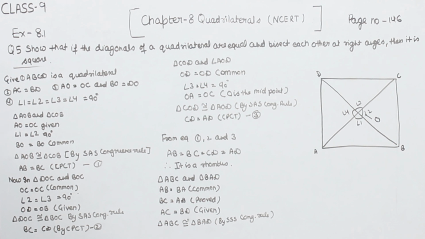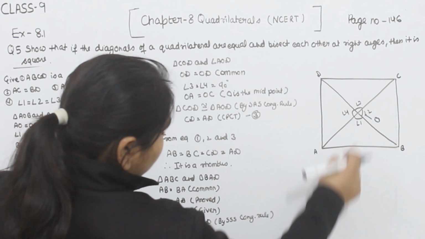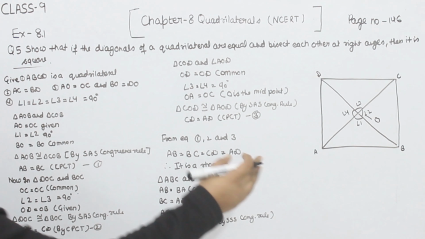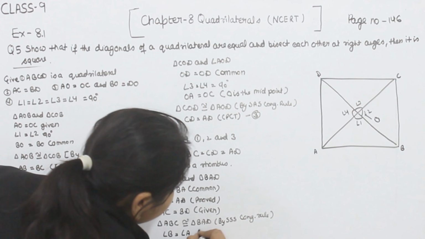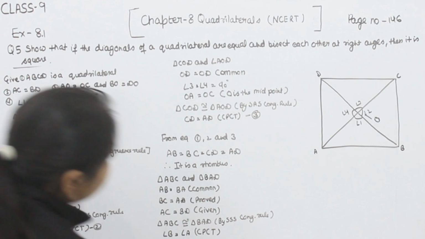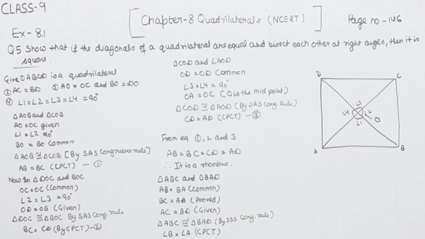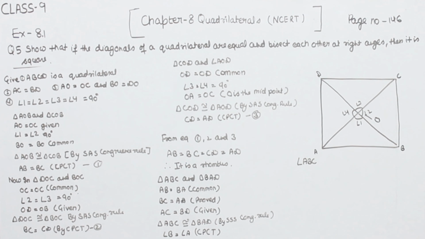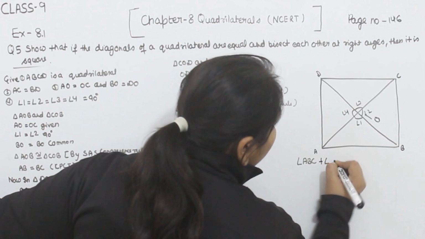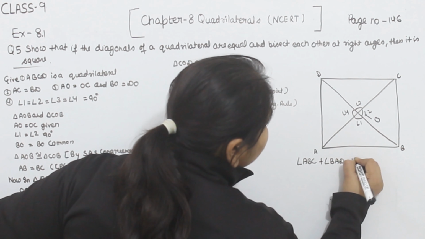Now if these two triangles are congruent, then the angle B is equal to the angle A. They both are equal by CPCT. Now in the angle ABC plus angle BAD, this one is equal to 180 degree.